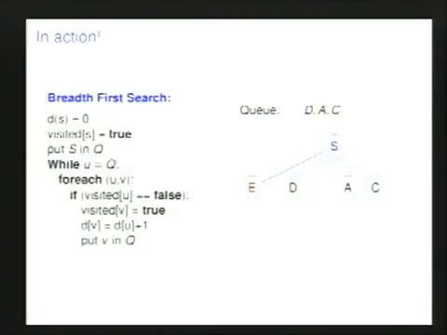Okay, so I take E out of the queue. So now I'm going to start exploring from E. E has one edge outside of it that has not been visited. It sees D. D is visited, so it doesn't do anything, right? It simply doesn't go into this loop because D has been visited. So there's arcs that go from a level to another level, and there's arcs that go between the same level.